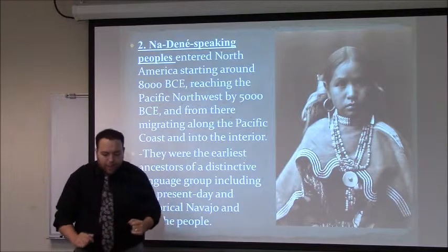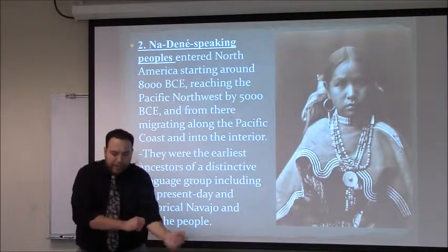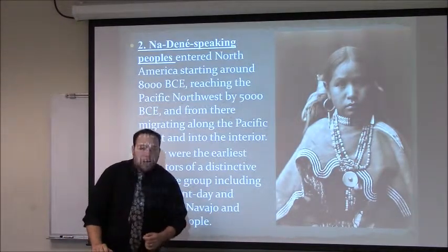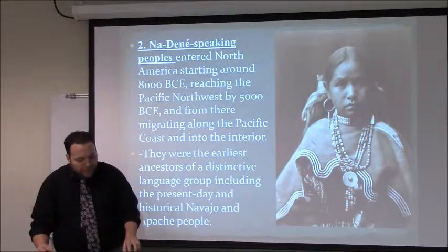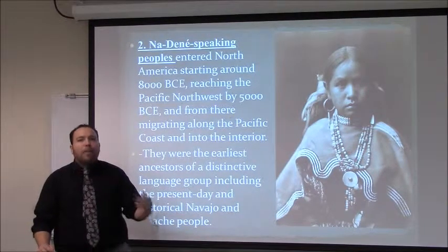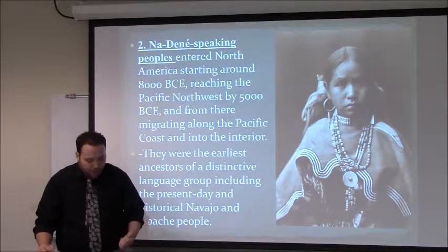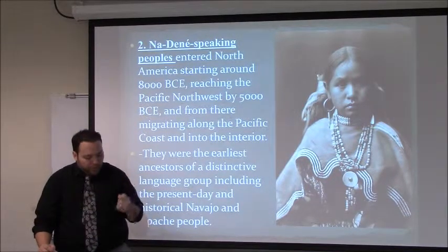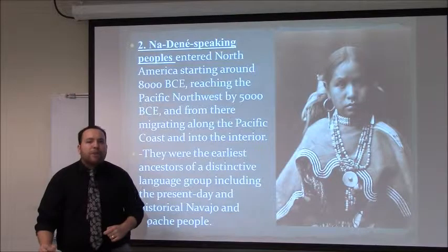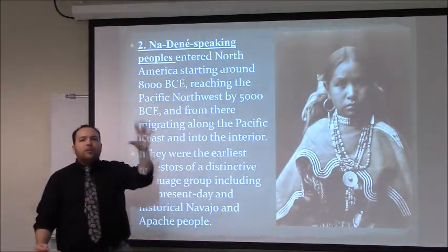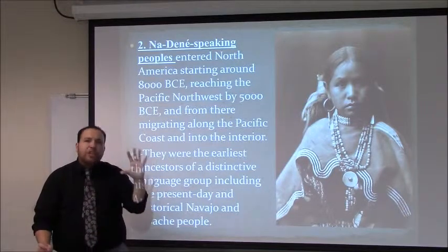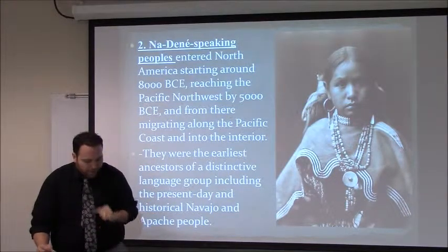The Na-Dene people entered North America beginning around 8000 BC, reaching the Pacific Northwest by 5000 BC, and from there migrating along the Pacific coast and eventually into the interior of America. So these people settled along the Pacific coast, eventually going into the kind of central plains of North America.